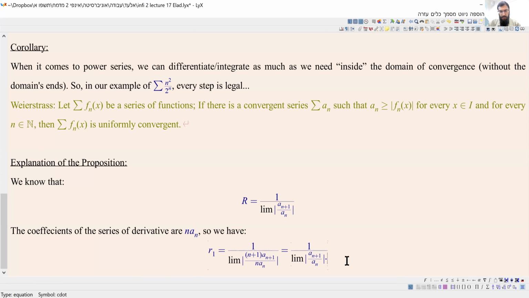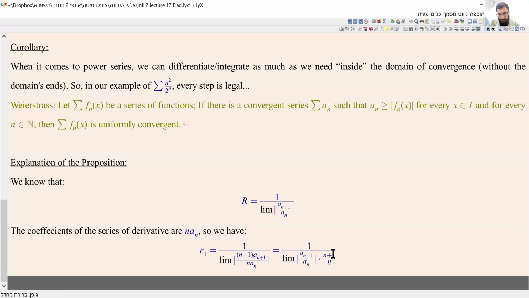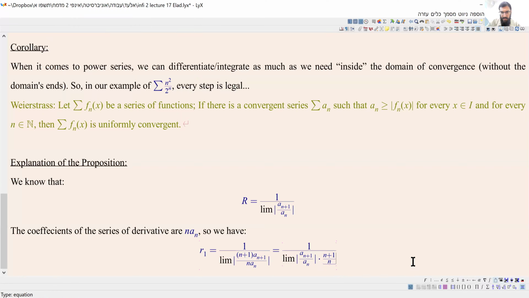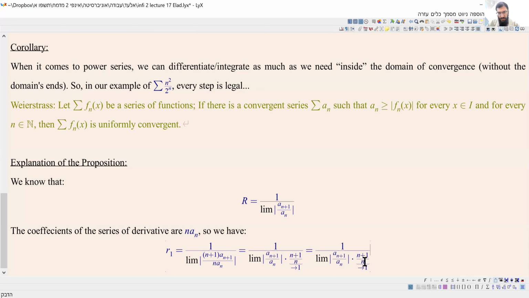So we can multiply by (n+1)/n, which goes to 1 when n goes to infinity. Which is the same R, the same as R.